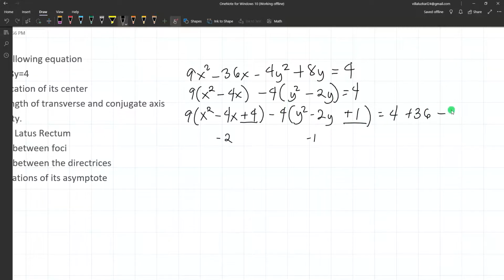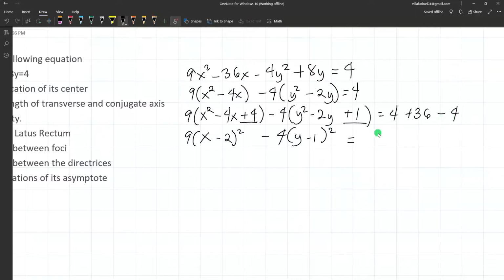Now change this into the square of a binomial. We will have 9 times (x minus 2) squared minus 4 times (y minus 1) squared equals 4 plus 36, which is 40, minus 4, 36 again.